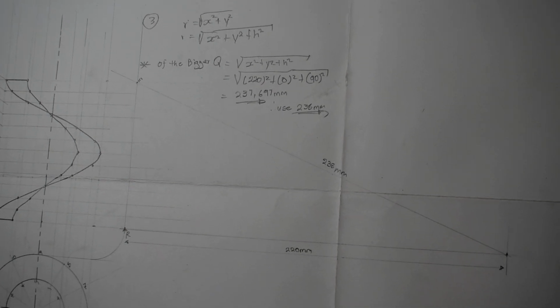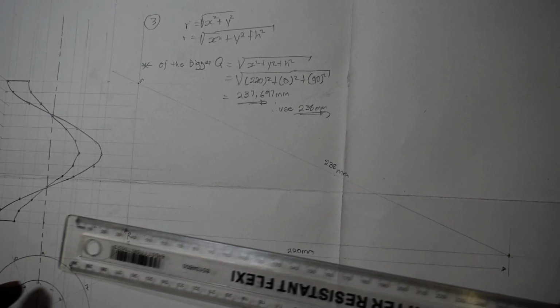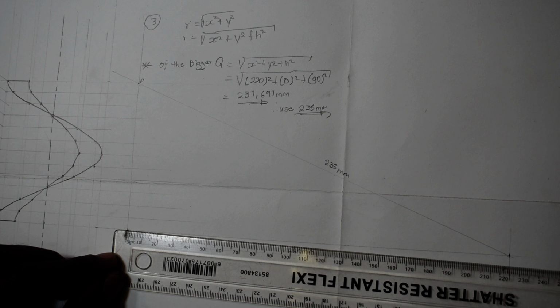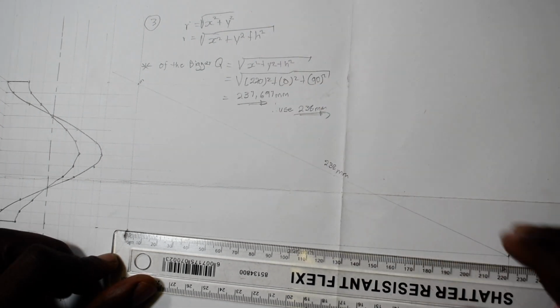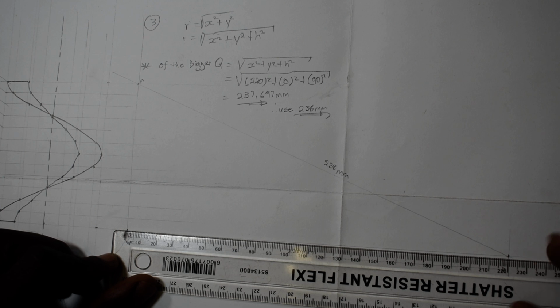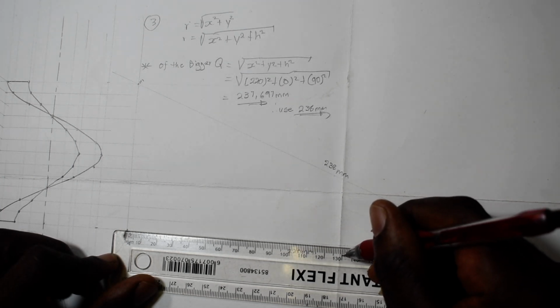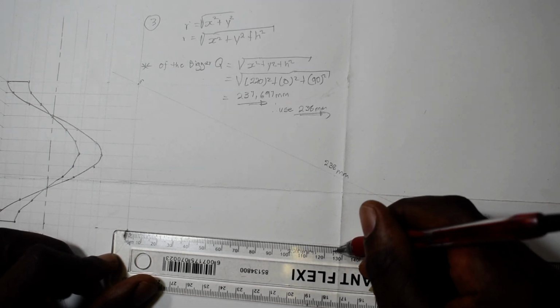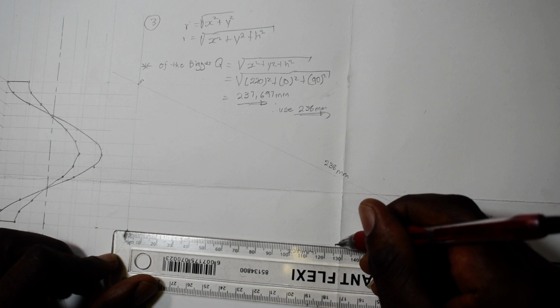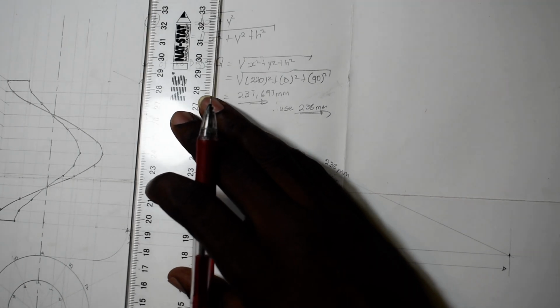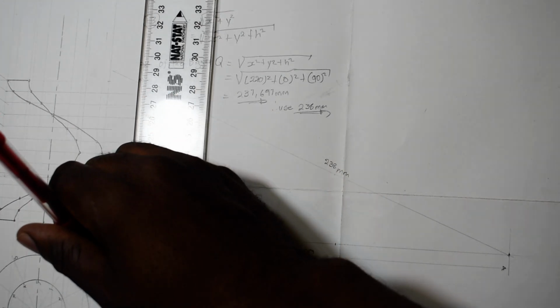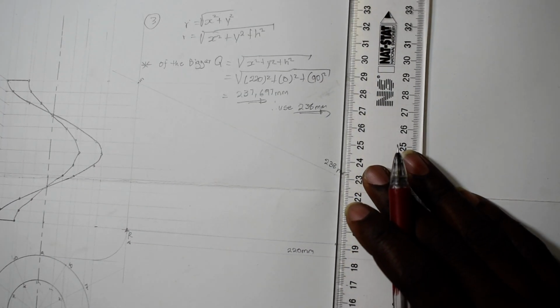So from point R, I record how much? 126. This is 130, 125. There is 126. You understand? I mark, and I can dimension it as well.